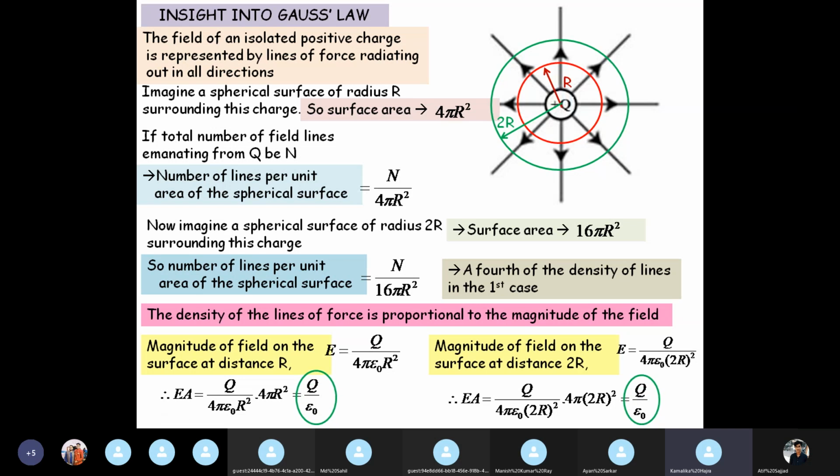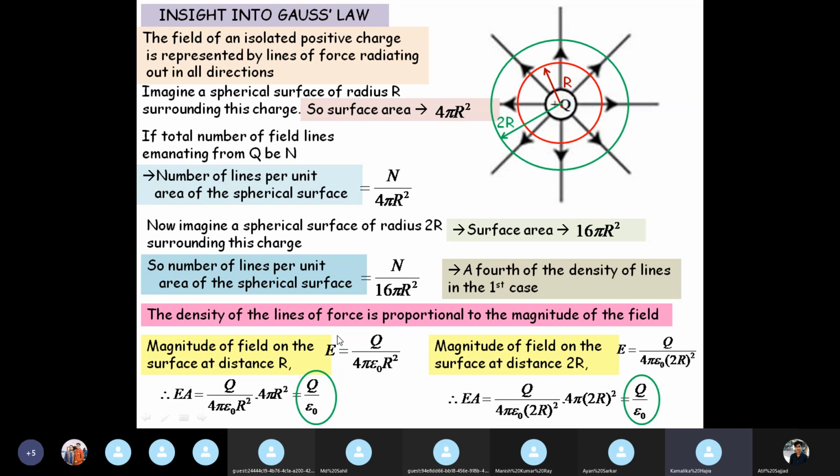Okay. So although we can understand from the previous discussion that the density of lines of force is proportional to the magnitude of the field, and it definitely decreases as we move away from the charge, if you multiply the strength of the electric field with the area of the surface at which you are calculating the strength, then the value does not change.